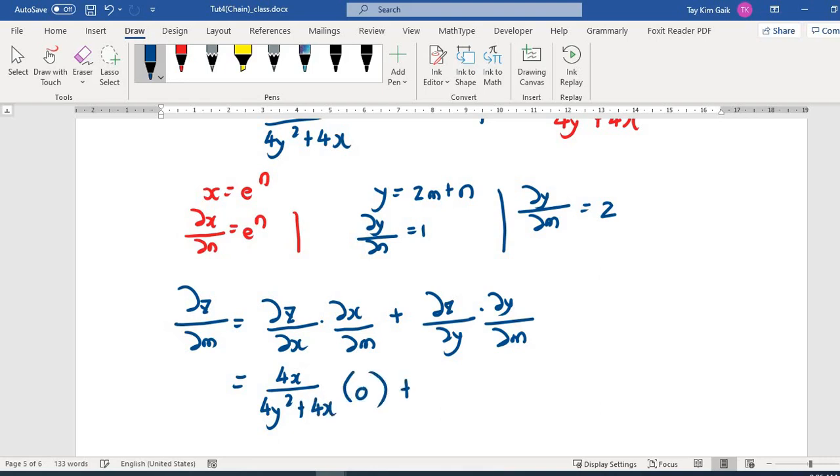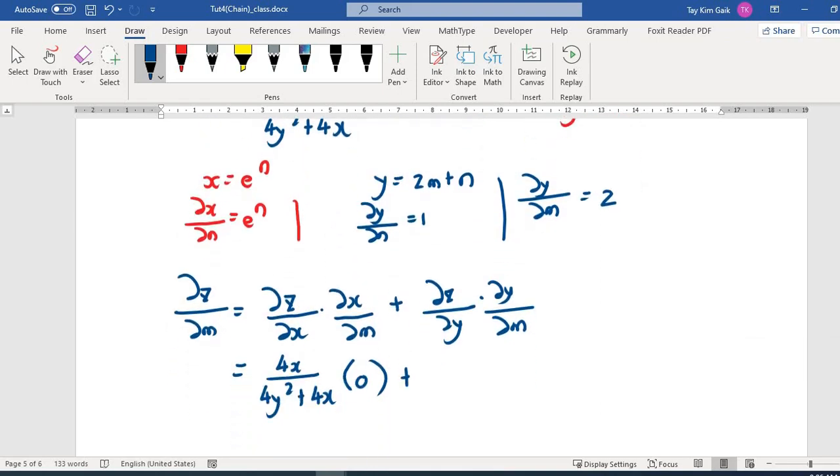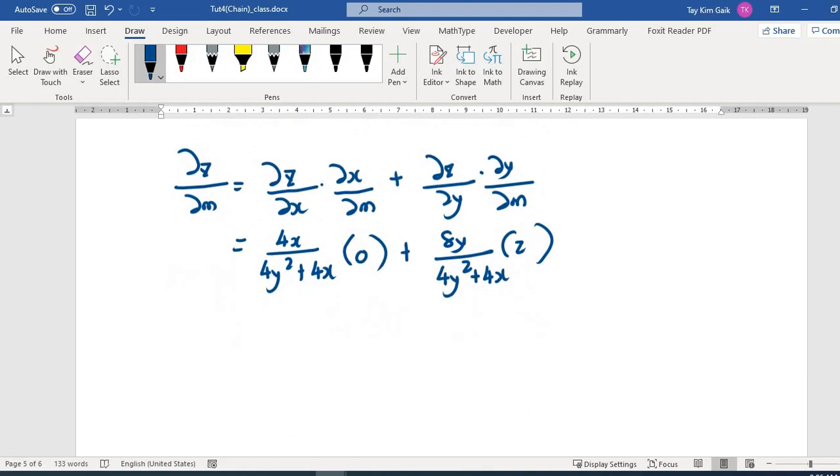Okay, del z del y you have 8y over 4y squared plus 4x. Okay, del y del m, this is 2. So that's why your del z del m is 8 times 2, 16y over 4y squared plus 4x.